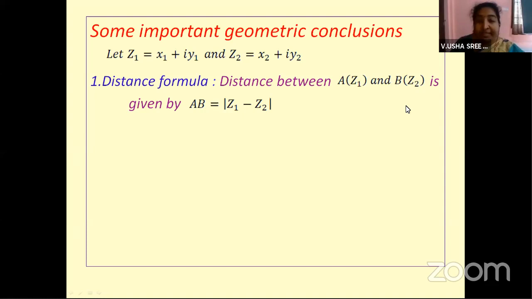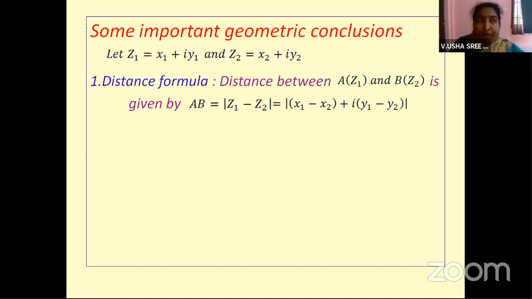Okay. Now, you know how to find out the modulus of a given complex number, right? So you will just substitute Z1 is equal to X1 plus iY1 and Z2 is equal to X2 plus iY2. Then you will separate the real part and the imaginary part in both of them, so that you will be getting (X1 minus X2) plus i into (Y1 minus Y2) in the modulus.